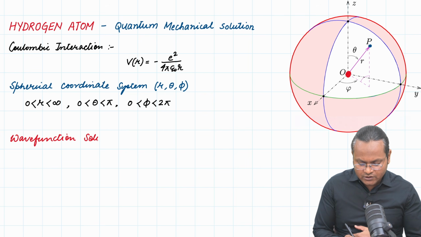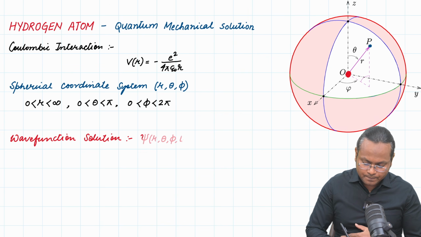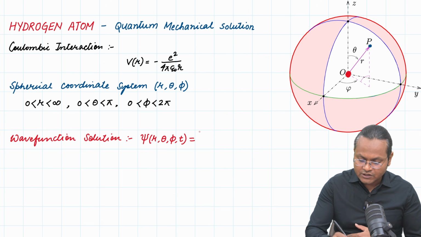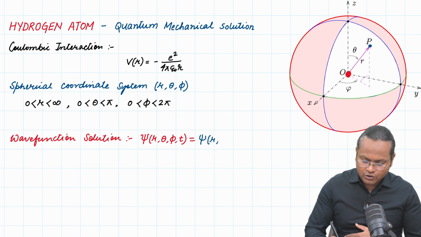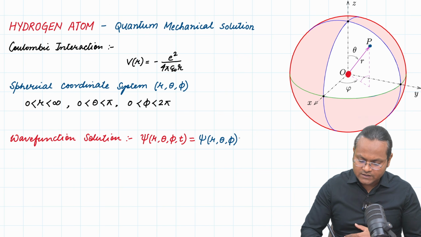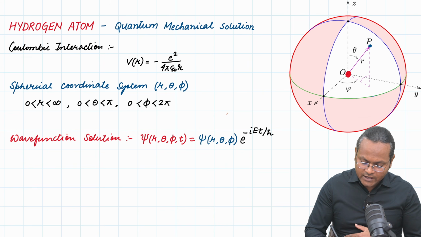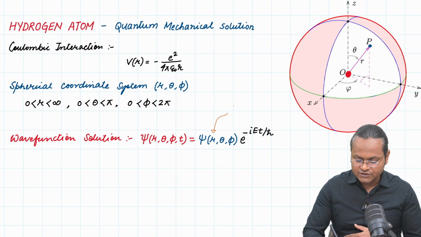The wave function solutions can be written in their general form as the eigenfunction solution, which is a function of r, theta, phi, and of course the time dependent part that can be written as e to the power minus iEt upon h-bar. What we will be doing today is to obtain the general nature of these eigenfunction solutions.